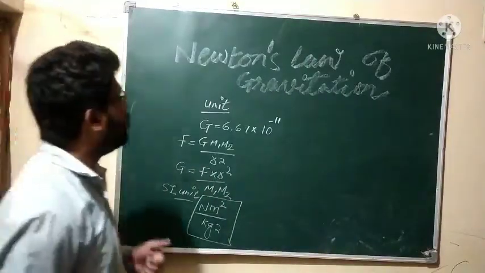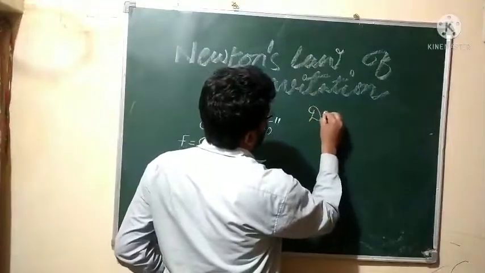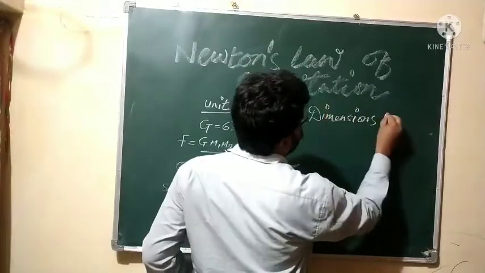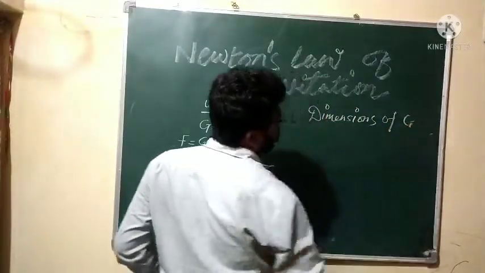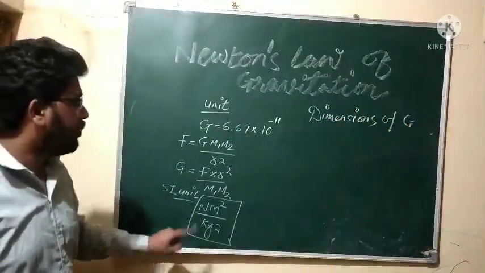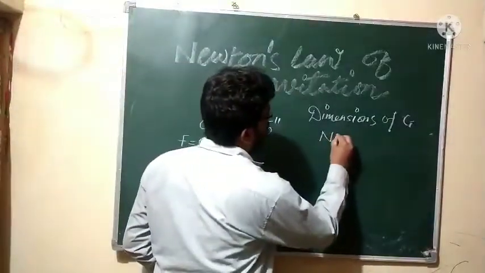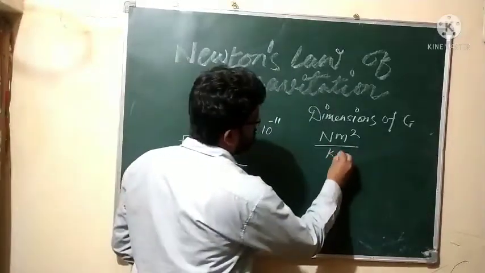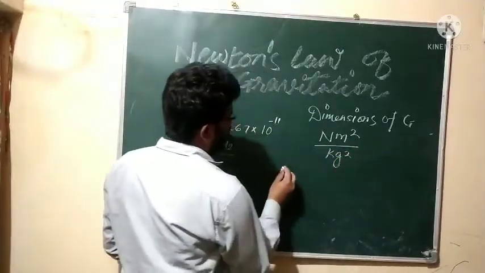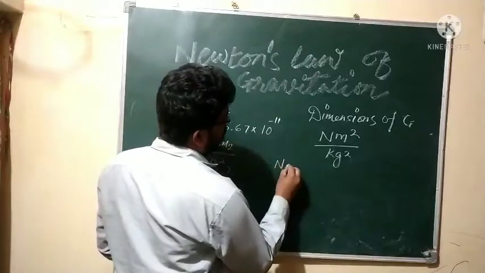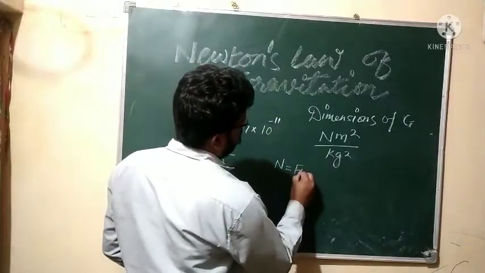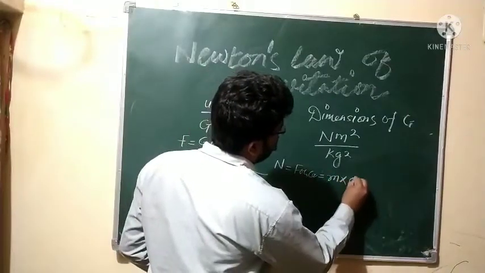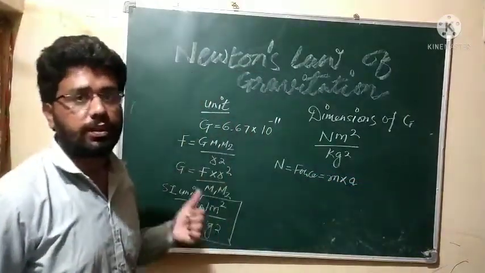Now we will derive the dimensions of G. We have derived the SI unit here, which is Newton meter square divided by kg square. We know that Newton is the unit of force, and force is equal to mass into acceleration according to Newton's second law.